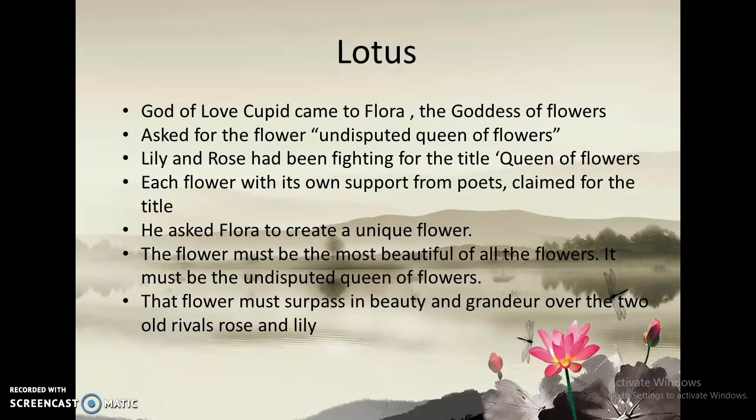The poem Lotus is a very interesting narrative poem. In the beginning of the poem, the god of love, Cupid, came to Flora. Toru Dutt has used Roman mythology here in this poem.